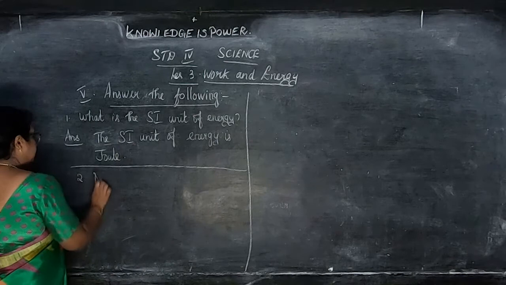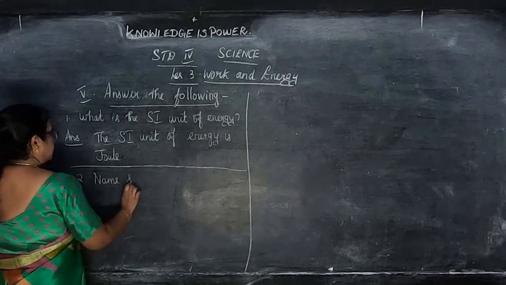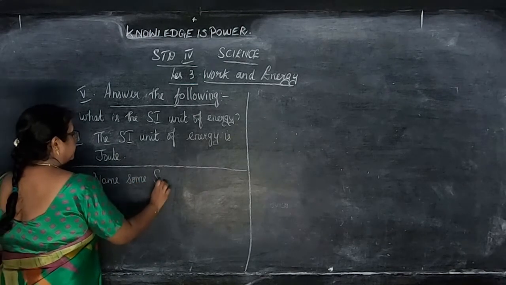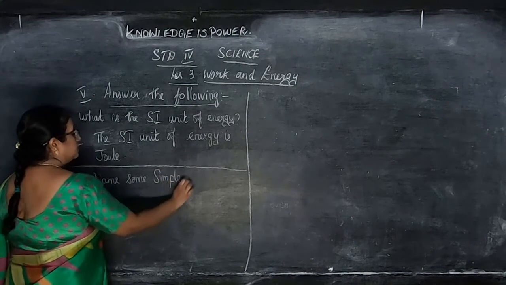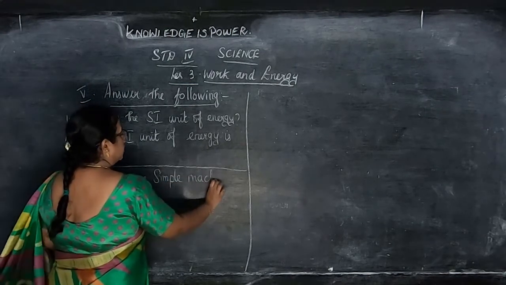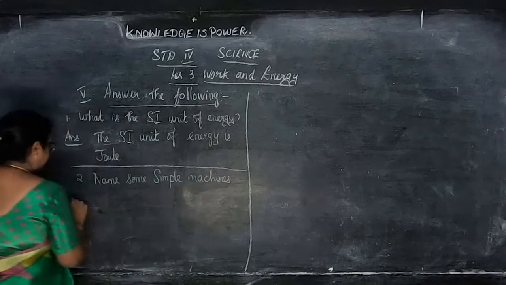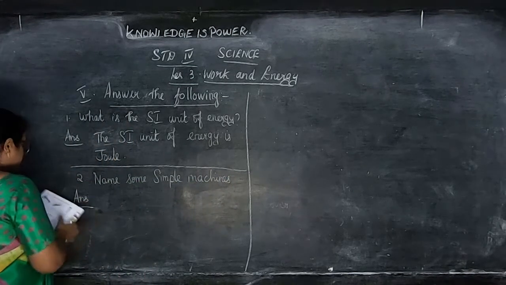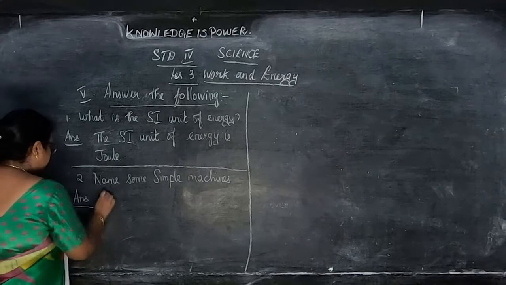Now, name some simple machines. Name some simple machines. Okay, children? You have to write some of the simple machines in the answer. So, what are the simple machines you will write?